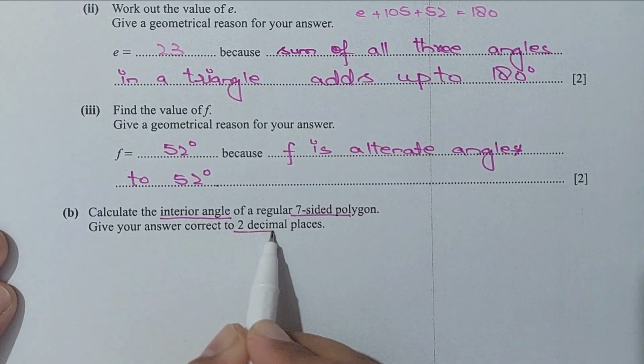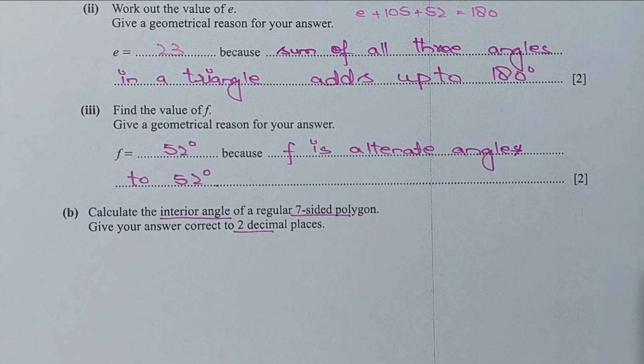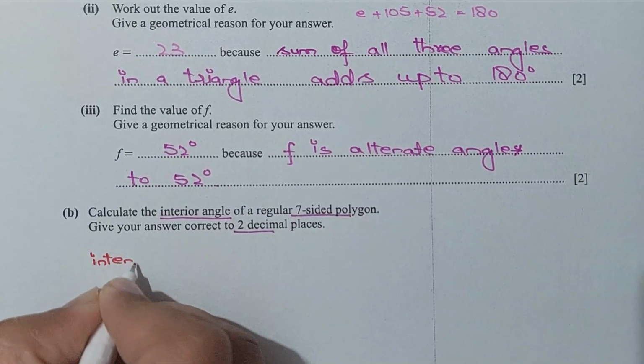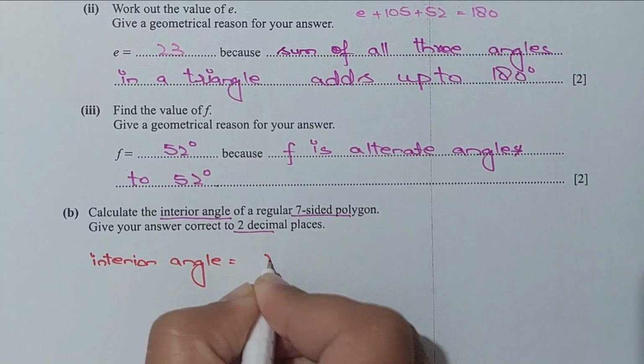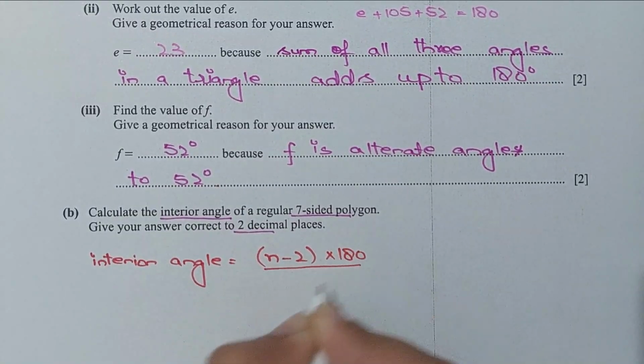Now for part B, calculate the interior angle of a regular 7-sided polygon. Give your answer correct to 2 decimal places. Okay, so use the formula. The measure of each interior angle of a regular polygon is the number of sides minus 2, multiplied by 180, divided by the number of sides.